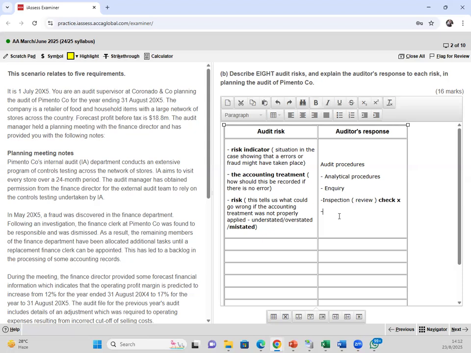If you can, in some cases, bring it, but it's not at a tested assertion level. A response and a substantive test are almost the same thing, only that a substantive test is confirming a balance and is done at assertion level. But the way you come up with the auditor's response and a substantive test, they're in the same bracket. They all use the auditor's procedures.